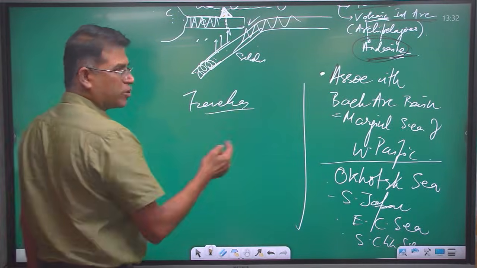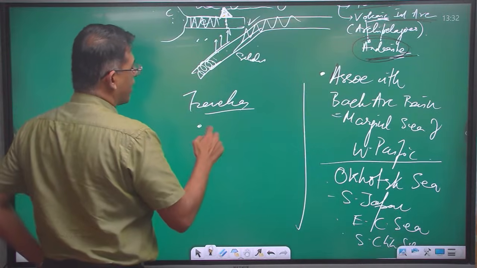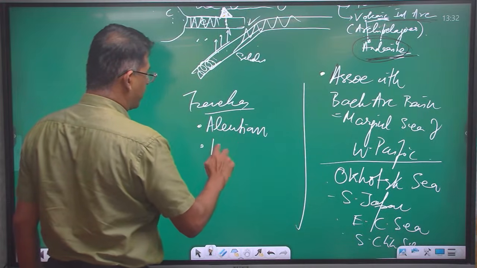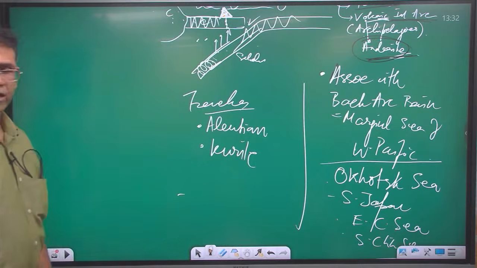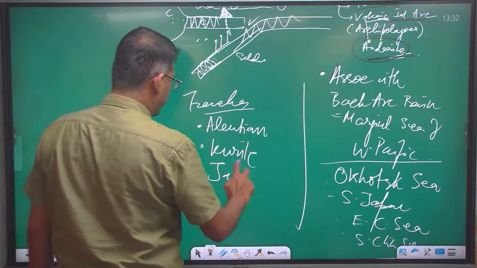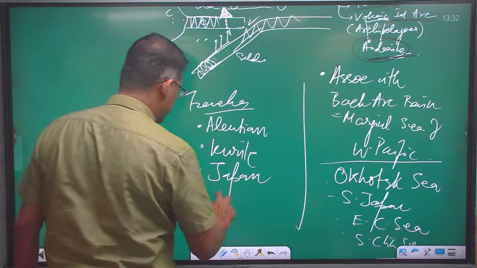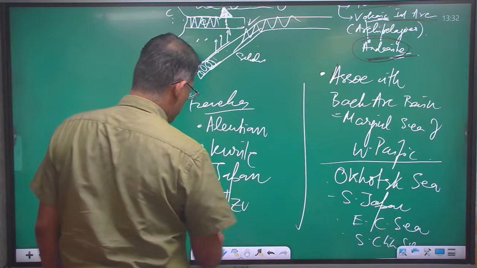Trenches. So I have mentioned some names. In the north, we have the Aleutian Trench. We have the Kurile Trench, which has the same name as the island. We have the Japan Trench. An extension of the Japan Trench is called the Sioux Trench.